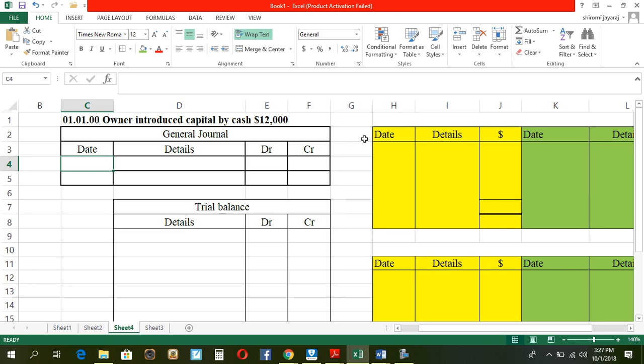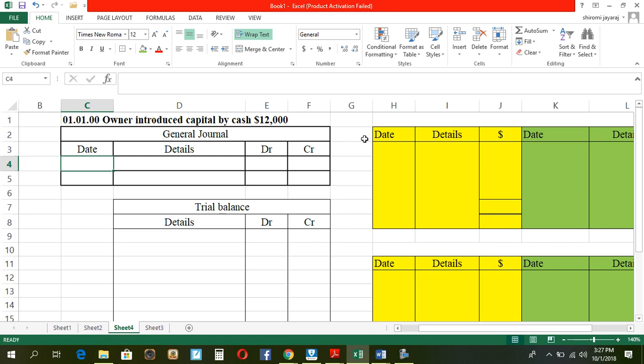So the first form of introducing capital is cash. The second is bank, and the third one is introducing non-current assets. So there are three forms: cash, bank, and non-current assets. Is it very clear? Right.